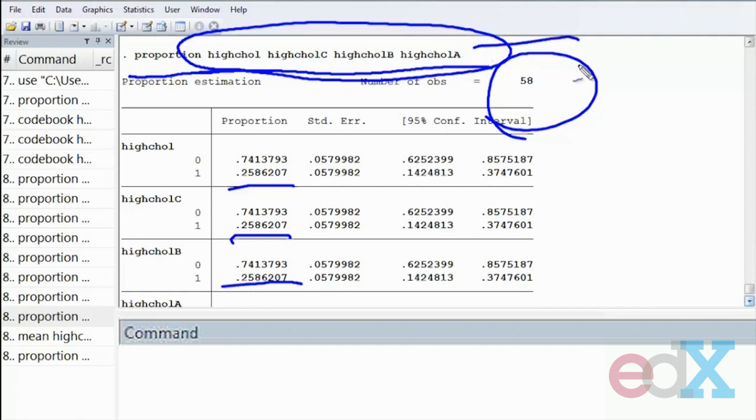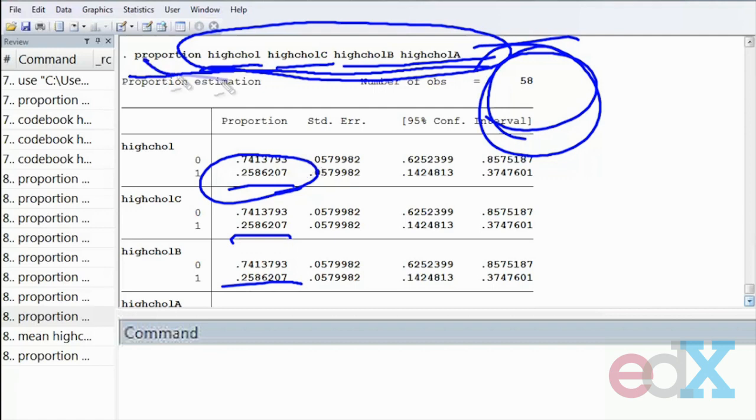If I try to run the proportion command on a bunch of variables at the same time, it's doing a complete case analysis. It's only including the cases for which high chol C, high chol B, and high chol A all have no missing data. So that's why you're only using 58 observations here, and you get this ridiculously low measure of the prevalence of cholesterol. So always think about what your software does with missing data.